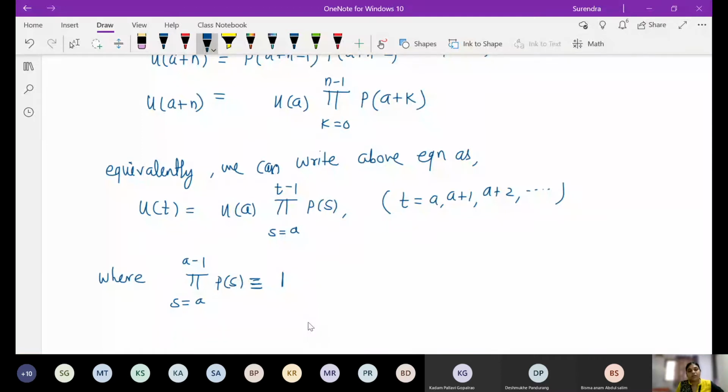This and this formula are the same. This is in the form of a plus n, a plus k and so on. Here it is in the form of general t, any t. t will be my a plus 1, a plus 2 and so on. Is that okay? Yes, ma'am. Okay.